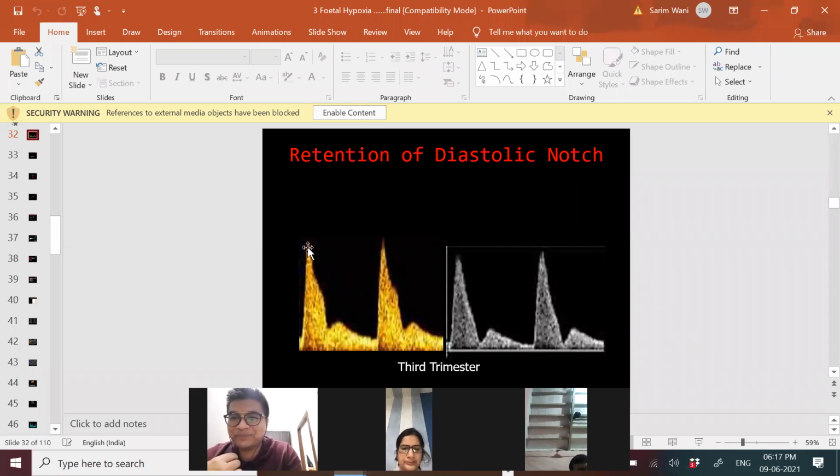How to trace the uterine artery is part of our course that you have already completed, or if you have not completed, you will complete that. Now, do a simple math. If this systole is 10 and this diastole is 2, how much will be the S by D ratio? 5.